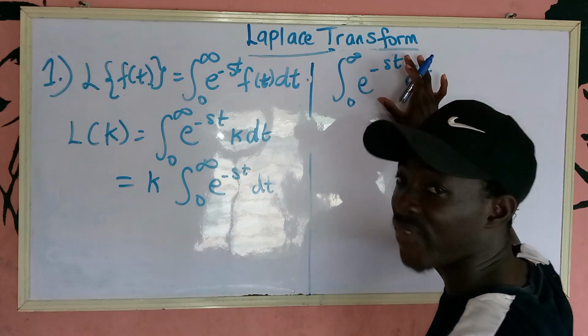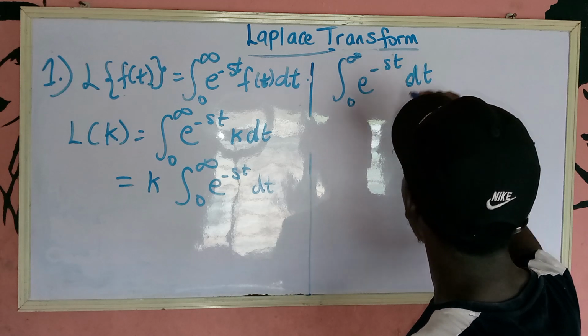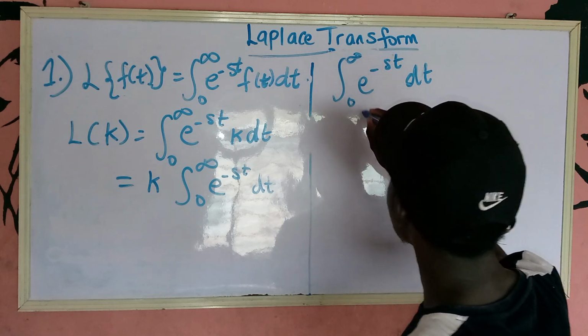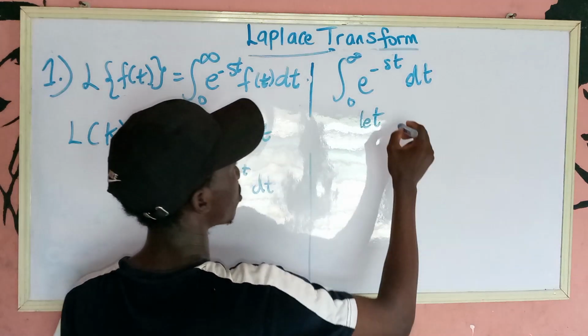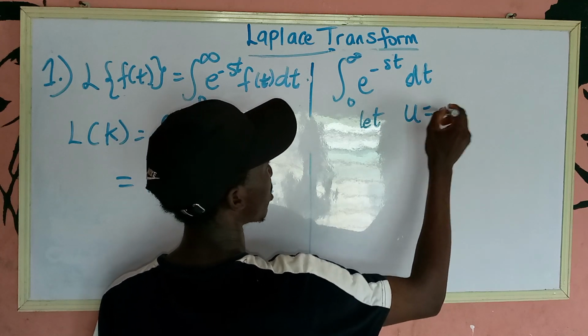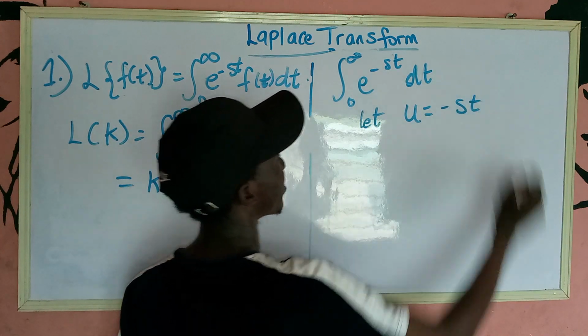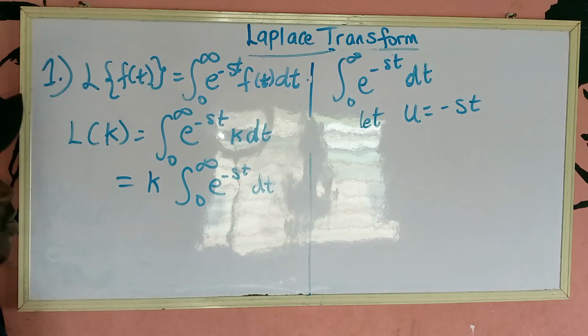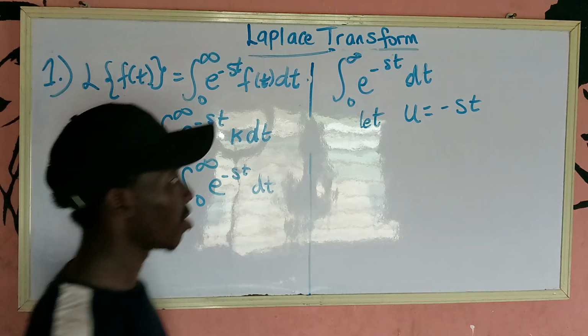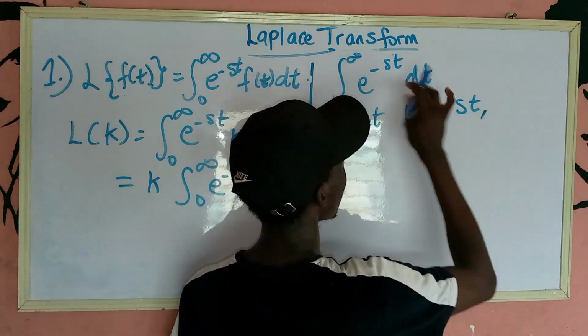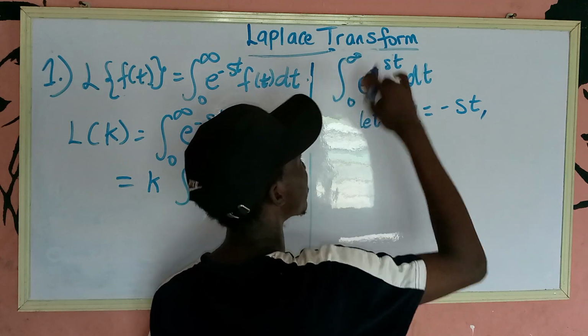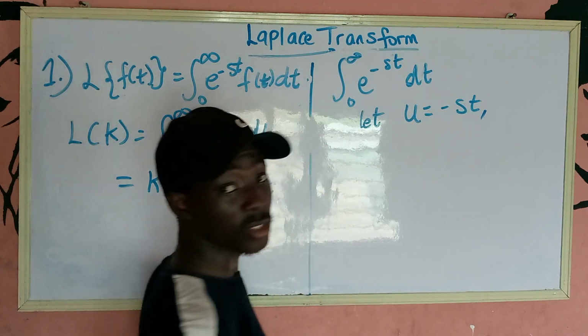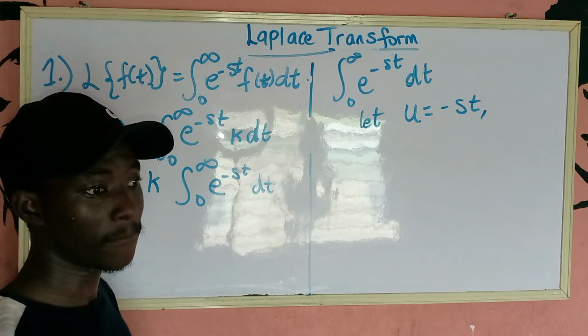To do this very easily, you can say, okay, let u equal minus st. Let u equal minus st. From there, I have to make sure that everything here is in terms of the u I have here.